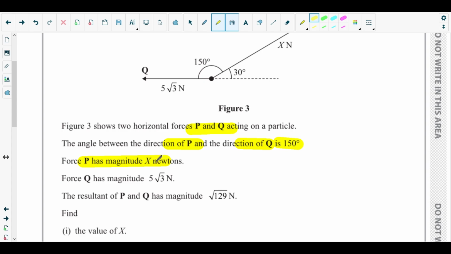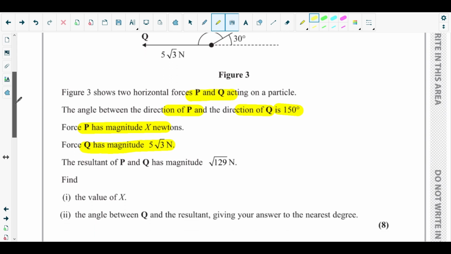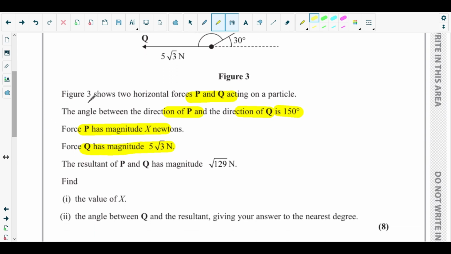And force Q has magnitude 5 square root of 3 newtons. The resultant of P and Q has magnitude square root of 129 newtons. So this is basically the introduction here.